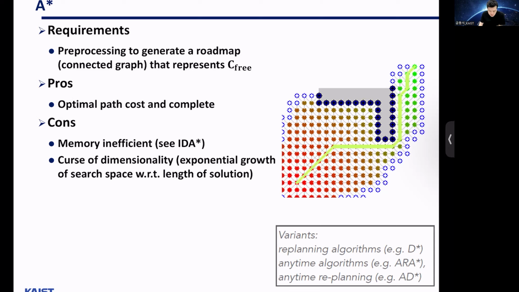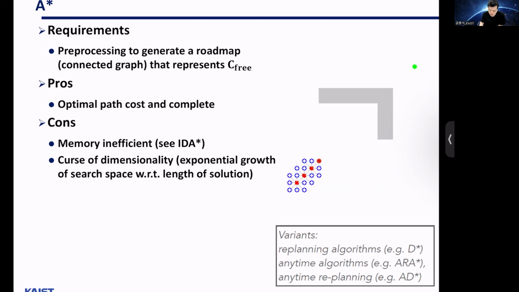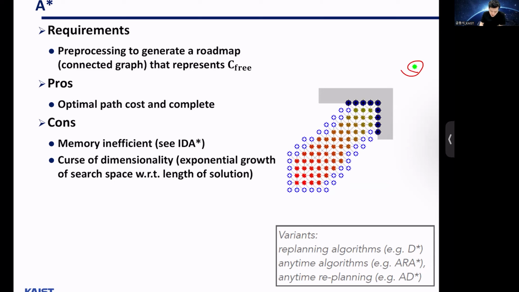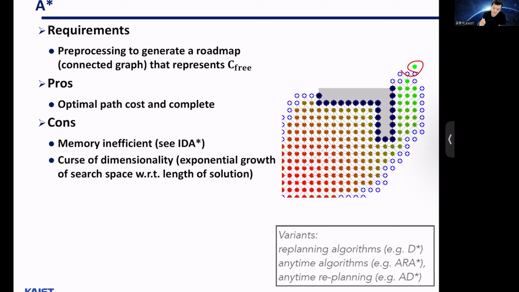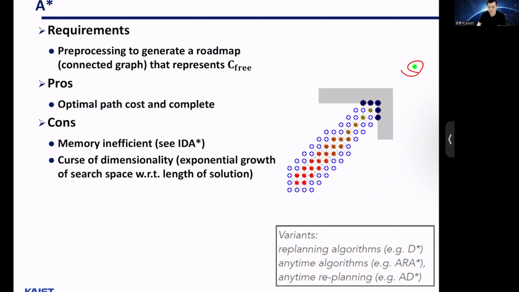But what A-star does differently is that here we can consider the position of the goal, or say cost to go, meaning how much cost it will take from the current position to the goal. So if we know that value, then we can compute both cost to go and cost to arrive. Okay.